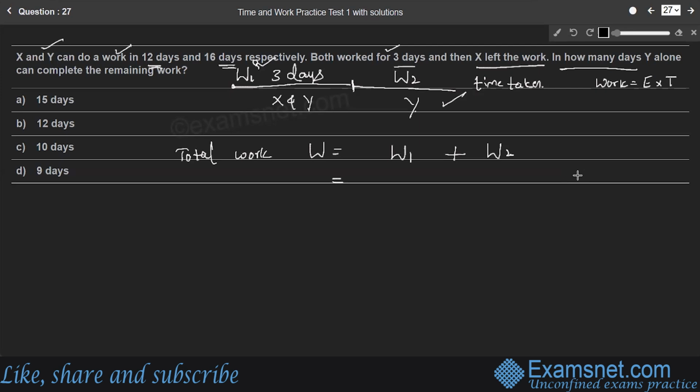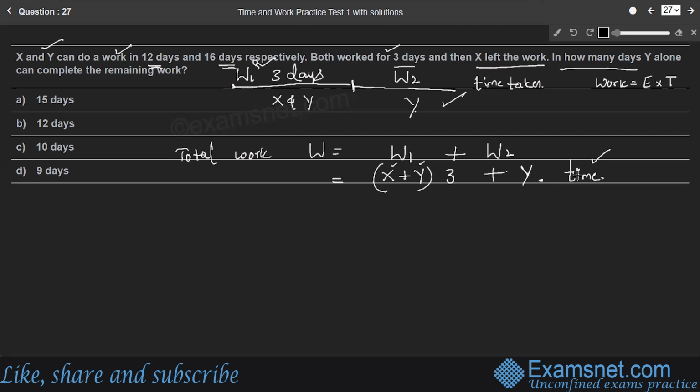So W1 can be taken as 1 day work of X and Y, which is X plus Y, into the time taken by them to complete W1, which is X plus Y into 3. Whereas W2 work has been done by Y, so 1 day work of Y into the number of days, the time taken by Y. We need to find this time. For that, we need the values of X and Y.